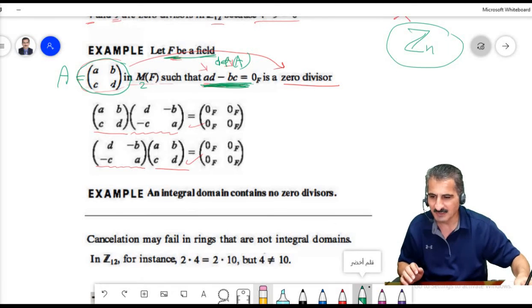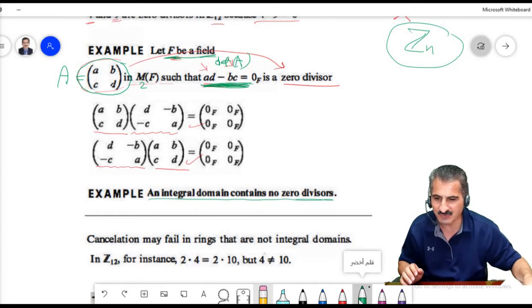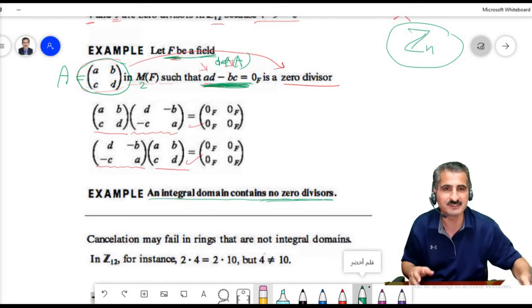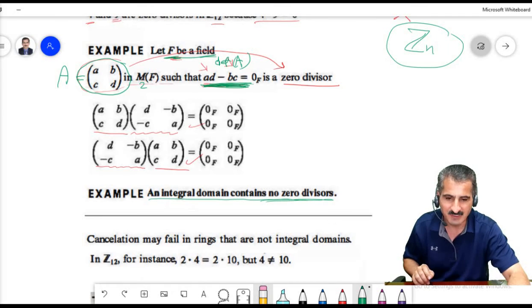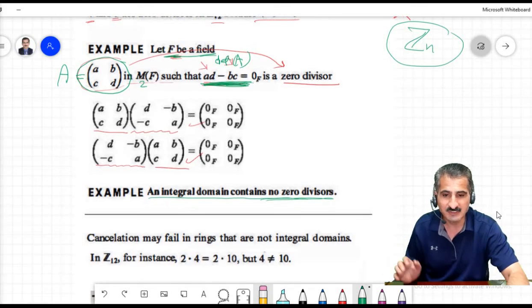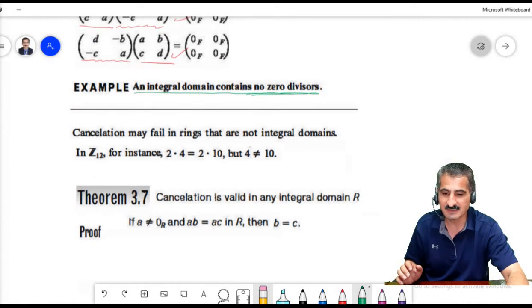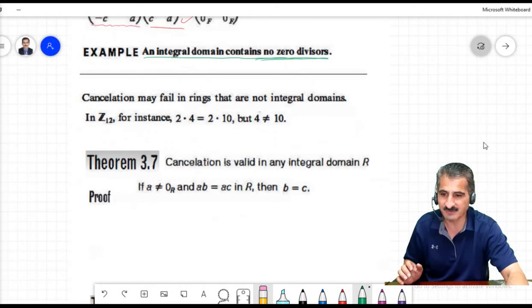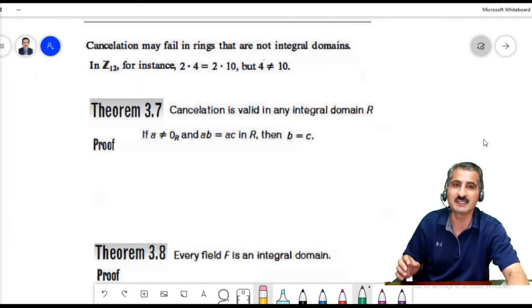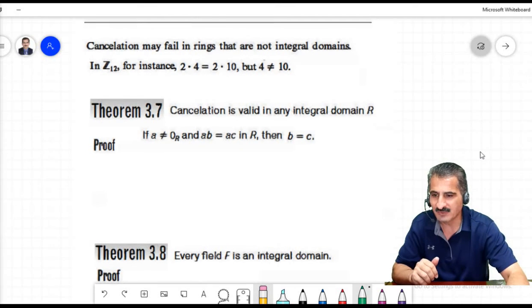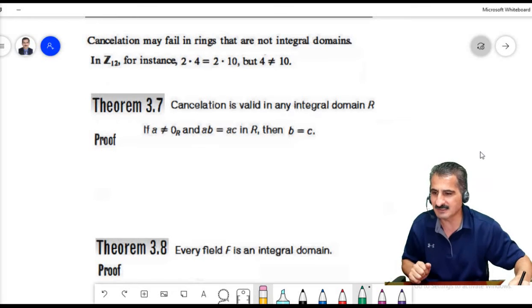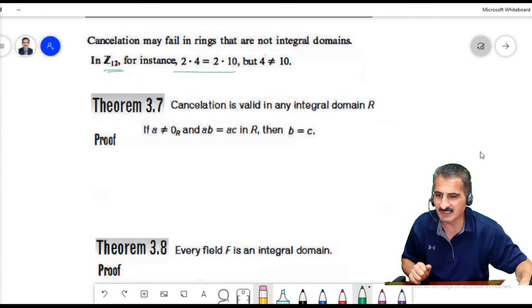Okay, now an integral domain contains no zero divisors. This is by definition. This is how we define an integral domain: a commutative ring with identity that contains no zero divisors. Now, again, this is another example about cancellation.